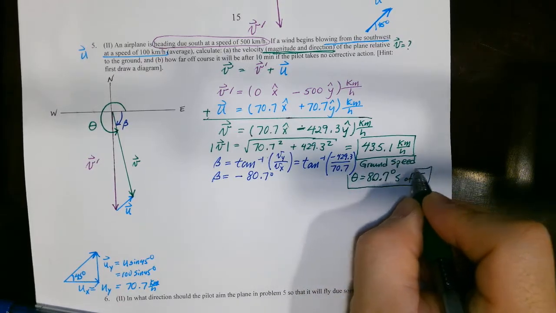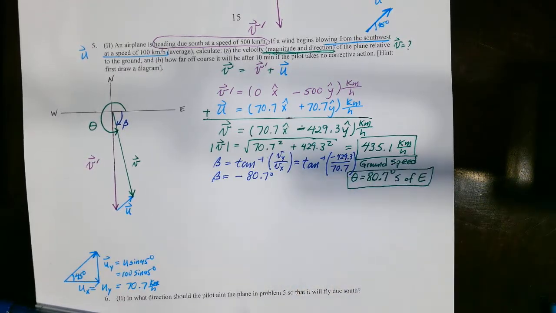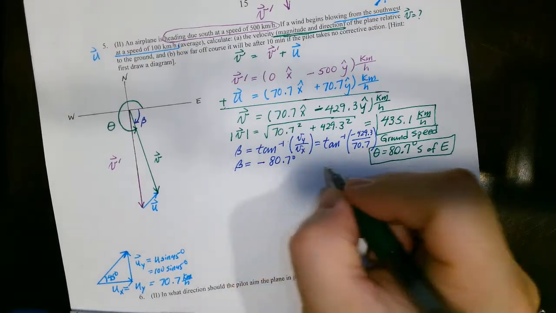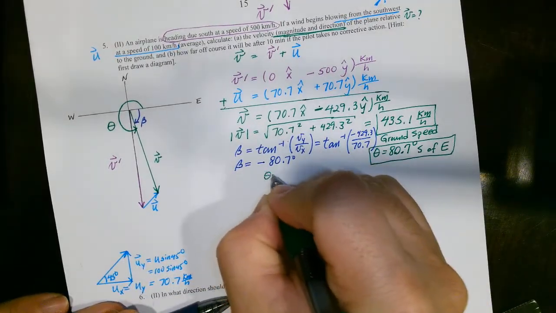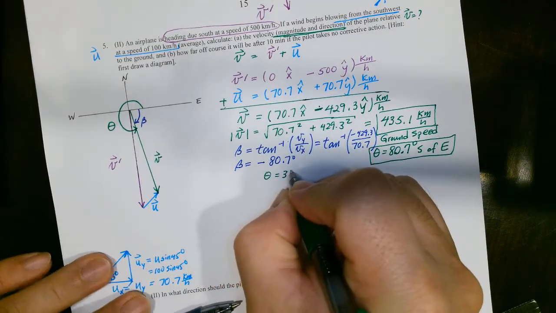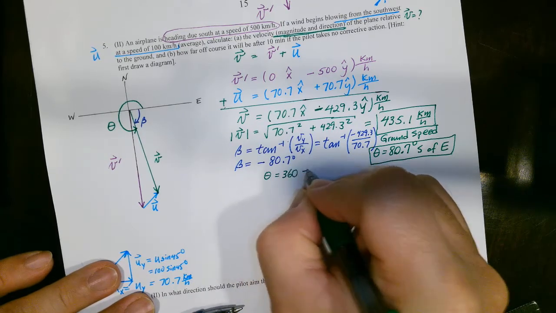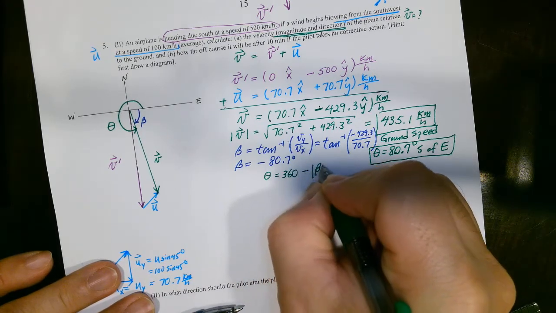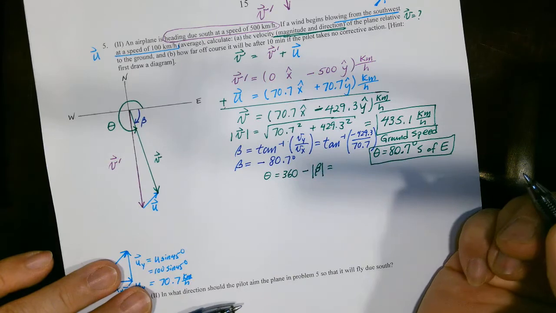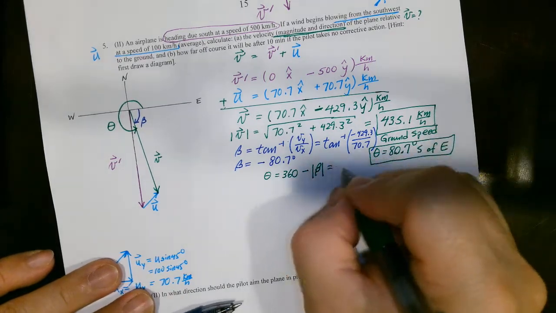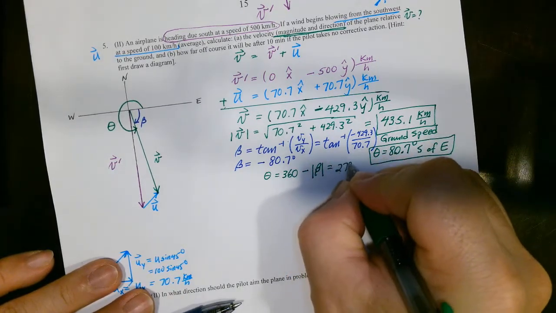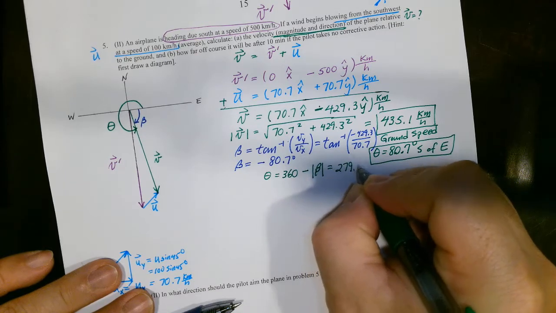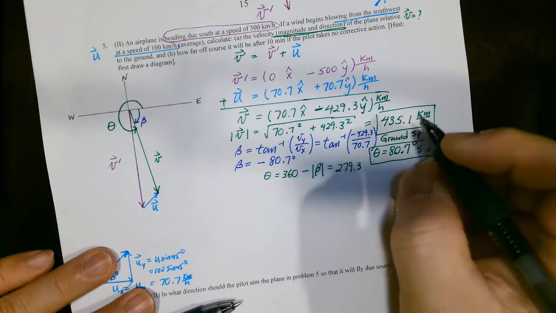That's perfectly legitimate. Or simply, you can say my theta is equal to 360 minus the absolute value of beta, which is basically 279.3 degrees.